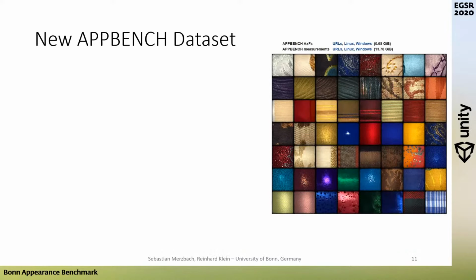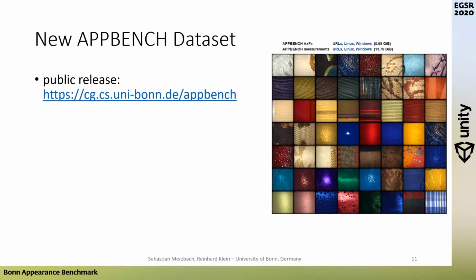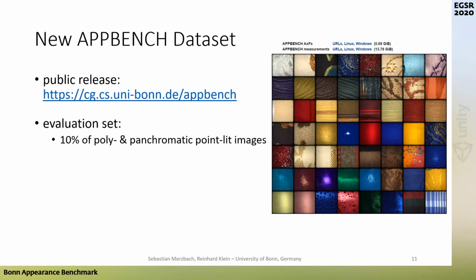We publish the measured images and all relevant calibration data as our new AppBench dataset, which is already available for download. We hold back around 10% of the point-lit images for evaluation purposes in the benchmark. These images are selected to cover a representative set of light and camera directions.